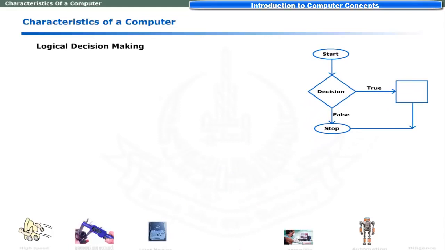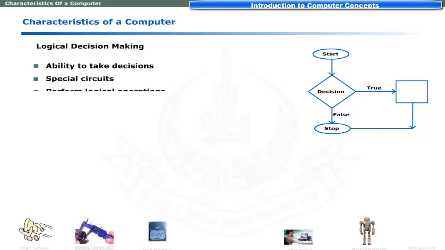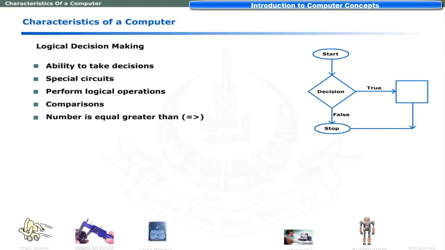Apart from computations, a computer has the ability to take decisions. The computer has special circuits to perform logical operations. Logical operations include comparisons, such as whether a number is equal to, greater than, or less than another number.